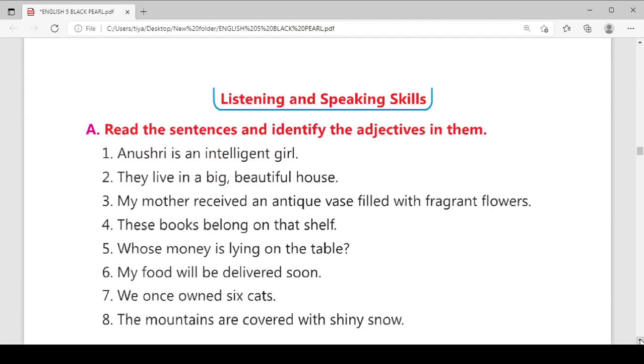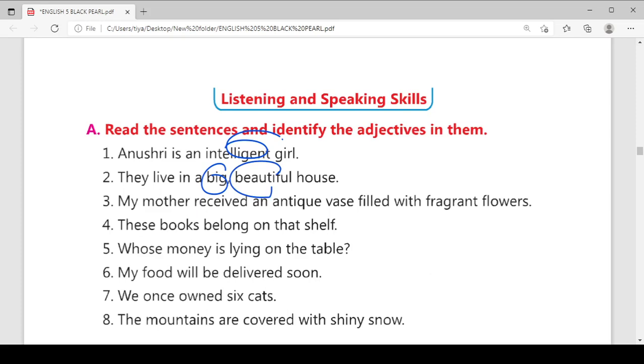Now we need to use listening and speaking skills: read the sentence and identify the adjectives in them. So this is the most common exercise. It is a very simple exercise because we have already discussed adjectives, and now this task is simple for you: you need to identify the adjectives. Like, Anushri is an intelligent girl. Intelligent is the adjective. They live in a big, beautiful house. Both are adjectives.